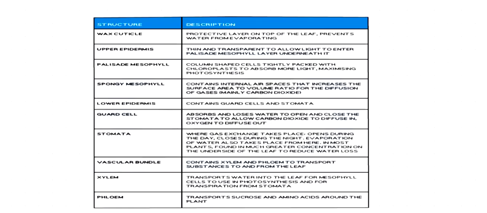Upper epidermis is thin, transparent, and allows the light to enter. It's also protective in function. Palisade cells are column-shaped cells, tightly packed. They have chloroplast, absorb maximum light, and do photosynthesis. Spongy cells are thin and increase the surface area to volume ratio and diffuse the gases because they have spaces between them. Lower epidermis contains guard cells and stomata for the exchange of gases, and the stomata, as I told you, have this role. The vascular bundle supplies xylem and phloem.